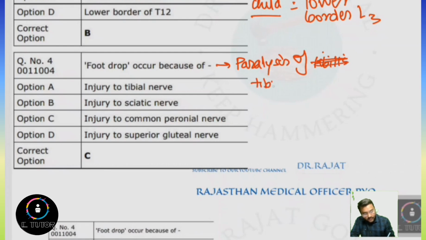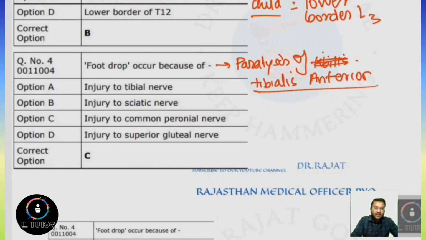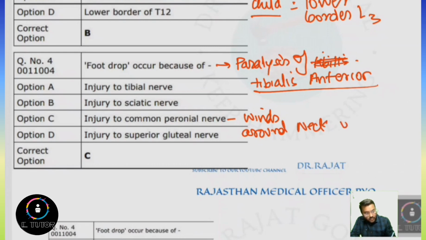Tibialis anterior is mainly supplied by the common peroneal nerve, and the common peroneal nerve winds around the neck of the fibula. So whenever there is an injury to the neck of the fibula, injury to the common peroneal nerve will occur, which will lead to paralysis of the tibialis anterior and which will lead to foot drop. So the answer will be option number C.